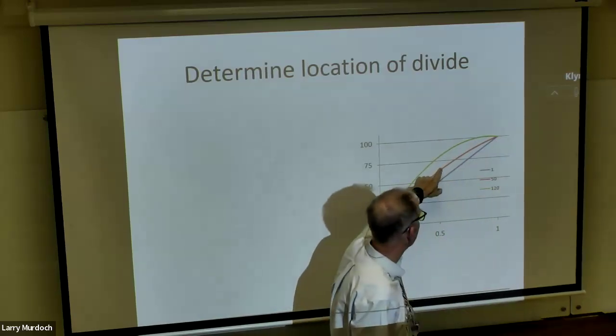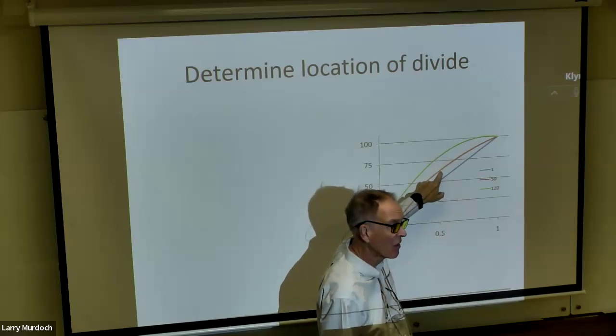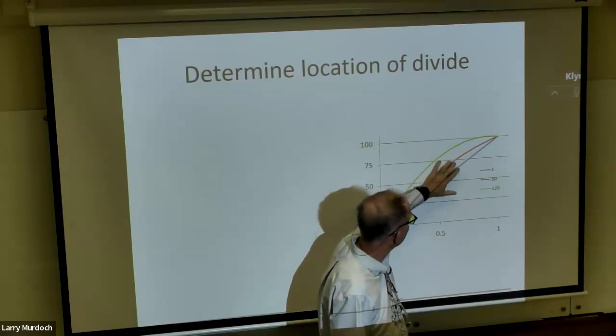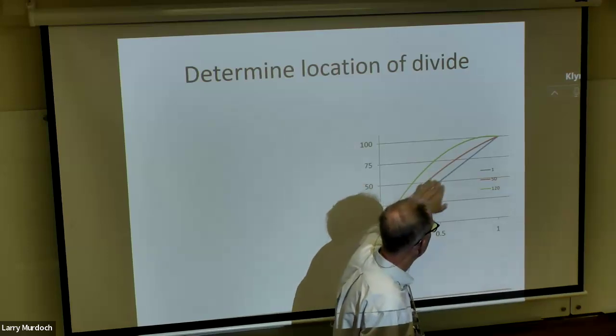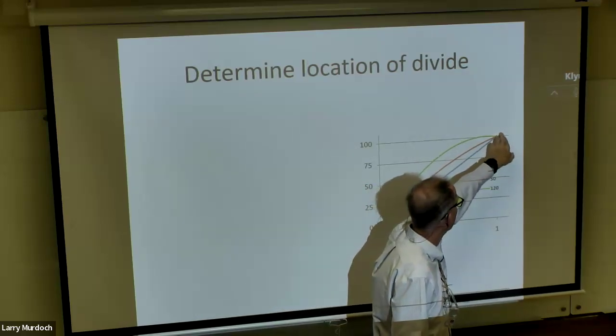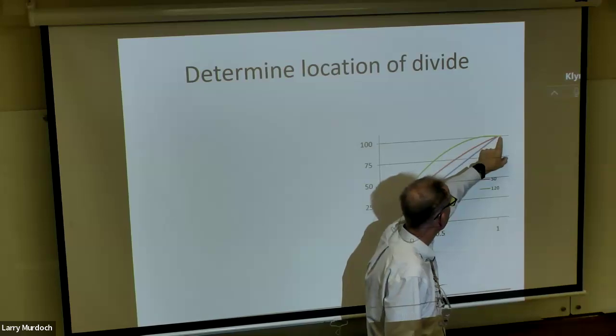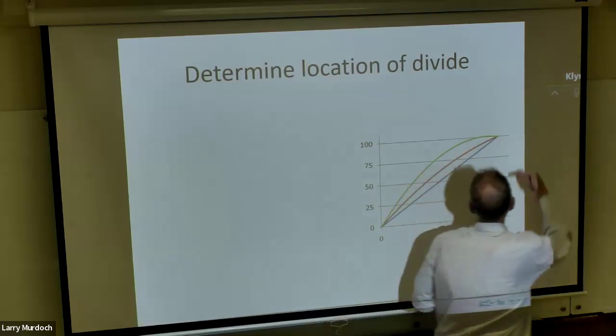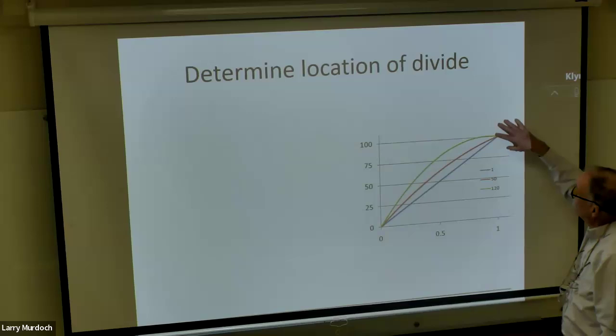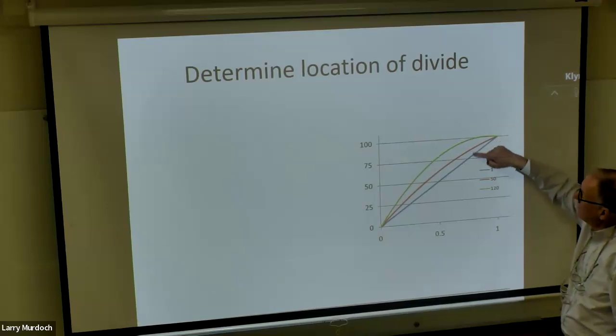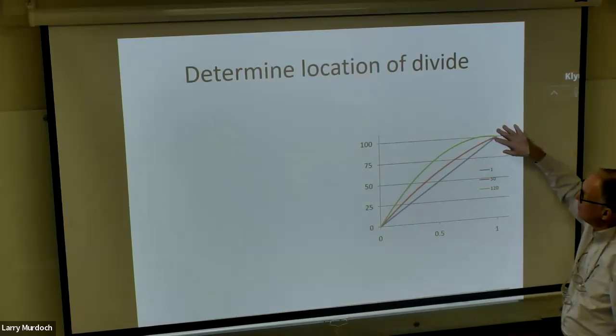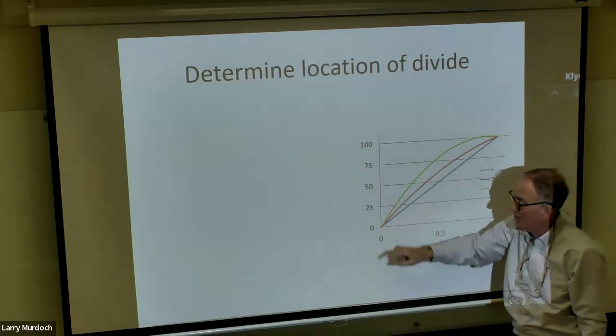And in this case, we don't have a divide at all. So if you had this kind of situation, this stream here would be losing water. See how the gradient is going like that. So in this case, this stream is losing and it's flowing down to that stream that's gaining.